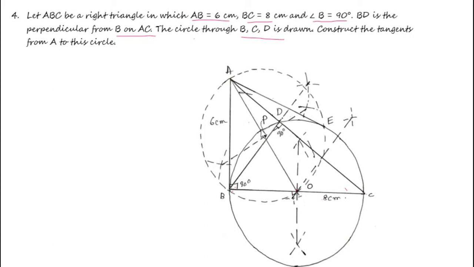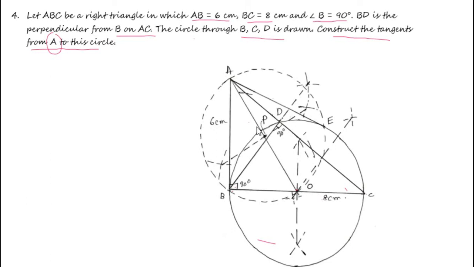Once you have drawn this circle, construct tangents from point A. Now, from point A, you need to construct tangents to this circle that we have just now drawn. You know how to draw the tangents given a circle and external point. Join the center of that circle with the external point. Draw the perpendicular bisector and find the midpoint.